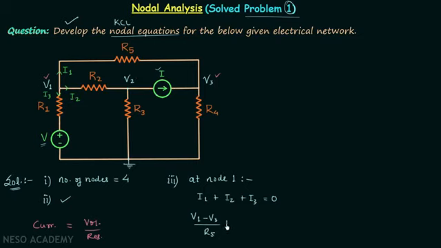Following this similar approach, current I2 is equal to V1 minus V2 divided by R2, and current I3 will be equal to V1 minus 0 minus V divided by R1.